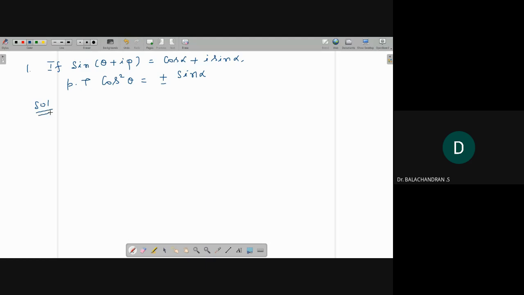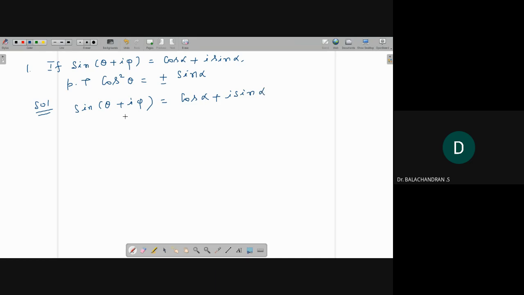So first observe what is given here. Sin of theta plus i phi is equal to cos alpha plus i sin alpha.